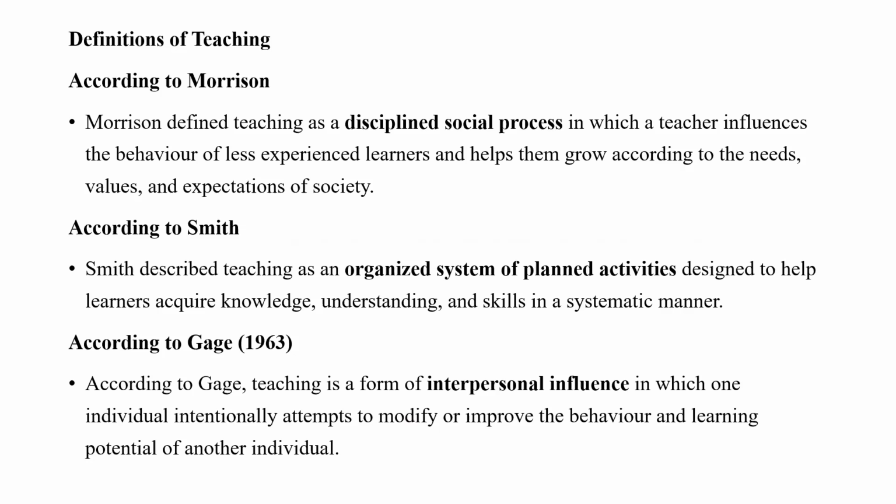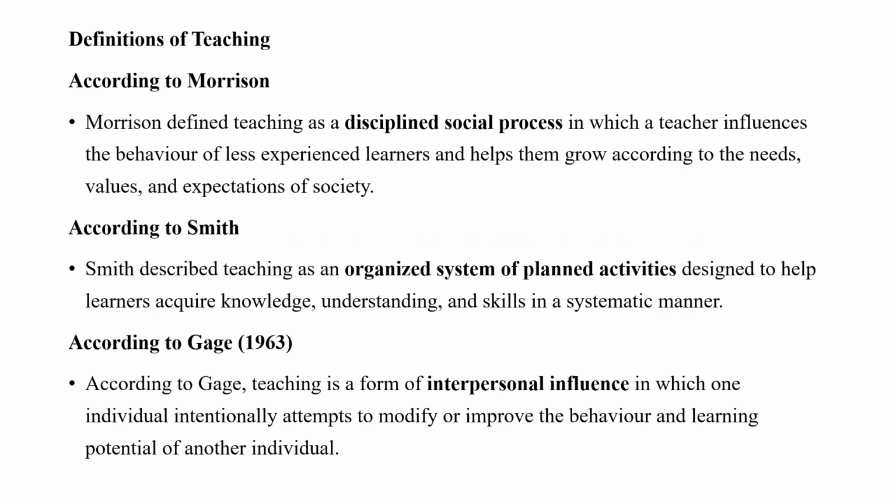According to Morrison, he defined teaching as a disciplined social process in which a teacher influences the behavior of less experienced learners and helps them grow according to the needs, values, and expectations of society. Again, I'll tell you, we have to learn the definition according to whatever they have given.